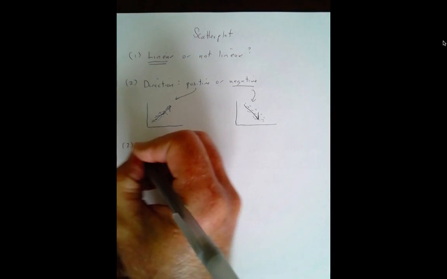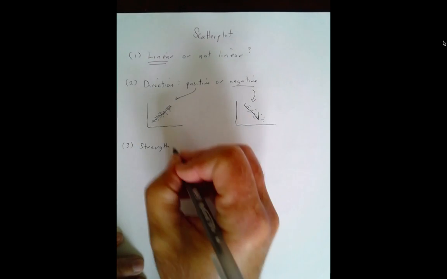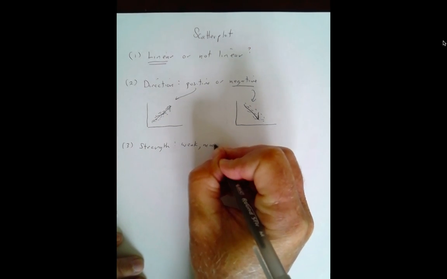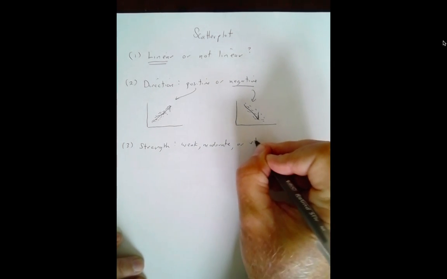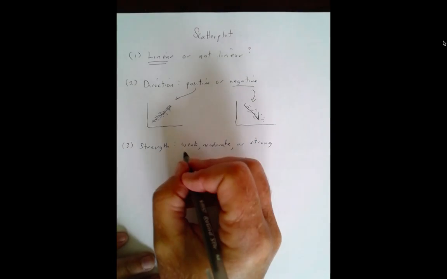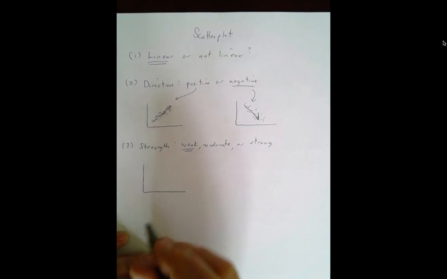And then the final thing, we're going to look at the strength. Is it weak, moderate, or is it a strong relationship? A weak relationship has very little linear tendency.